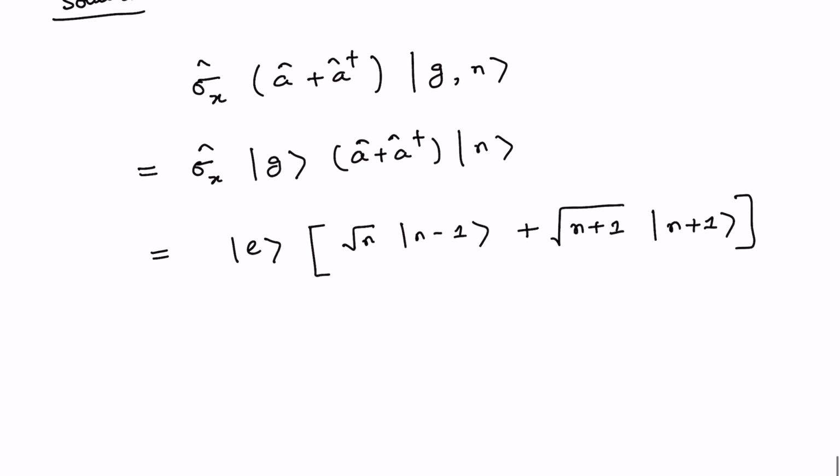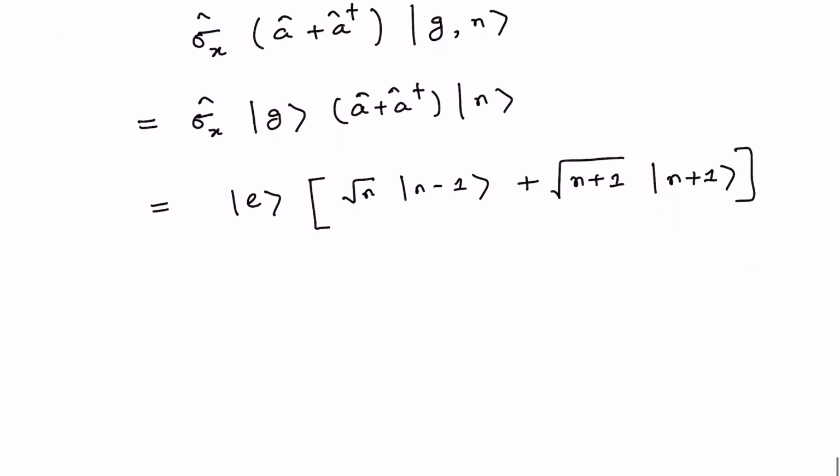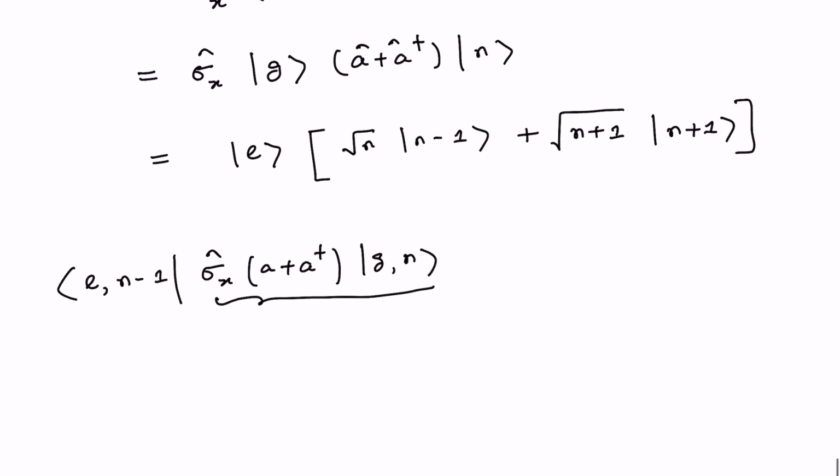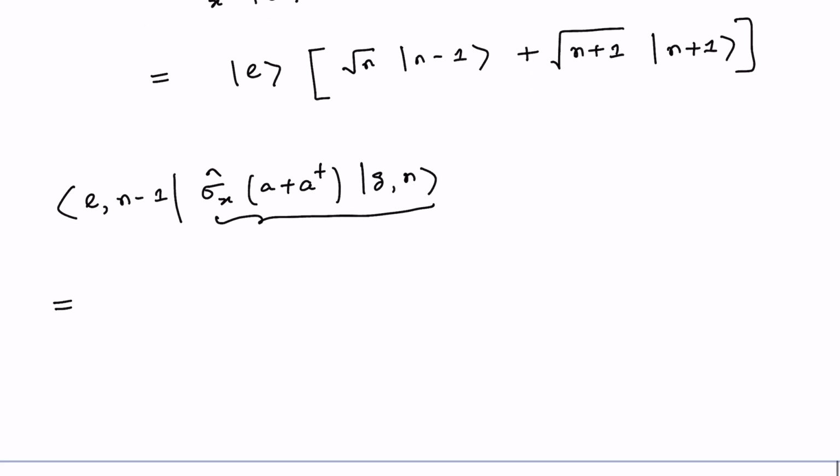Now, after having this, let me take the scalar product with bra e, bra n minus 1, and with this sigma x (a plus a dagger) operating on ket g, n, and we have already worked this part, so let me put the whole thing here.